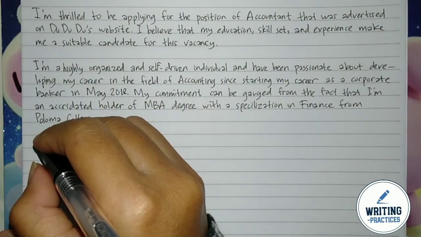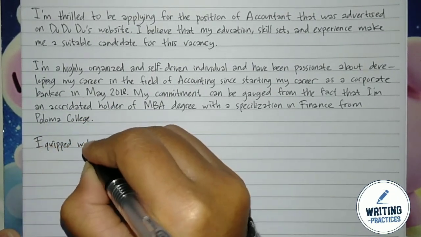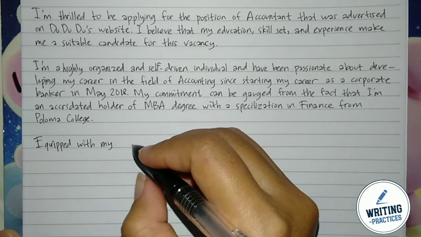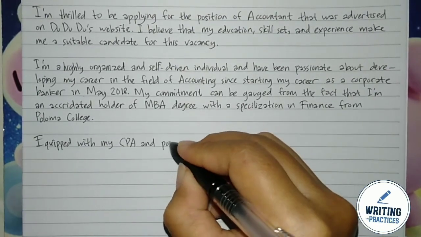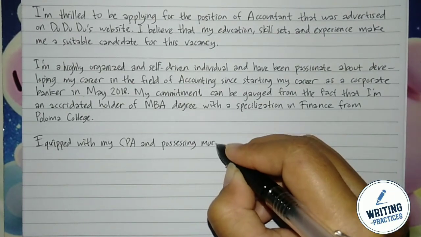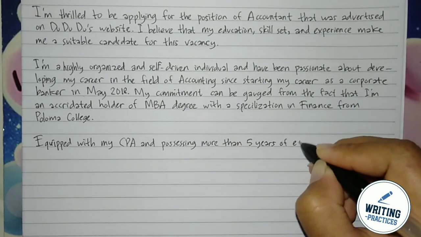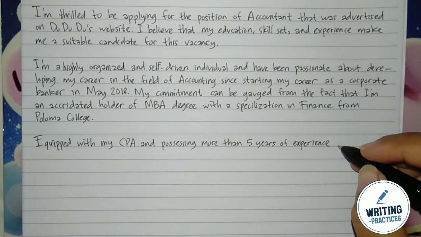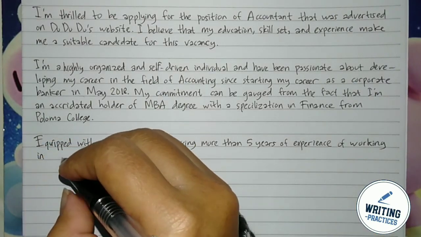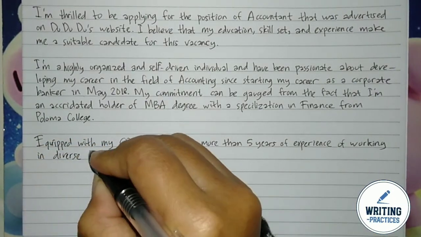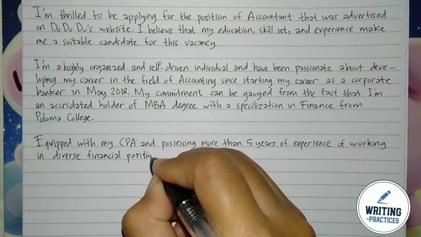If in the second paragraph you talk about educational background, in this third paragraph, you talk more about job experience. Here, you should mention how many years you have been working in the accountant field. In this example, the writer has 5 years of experience working in this field.